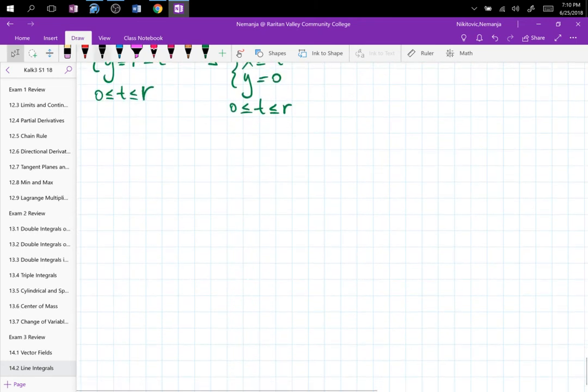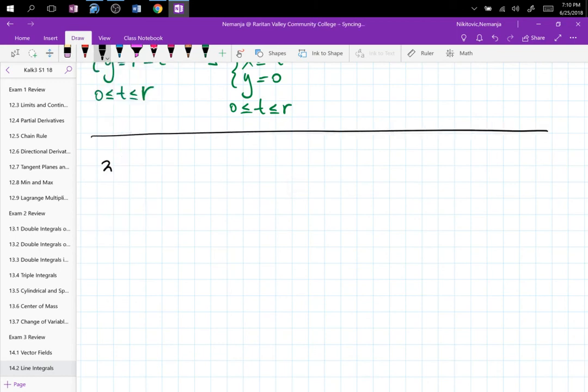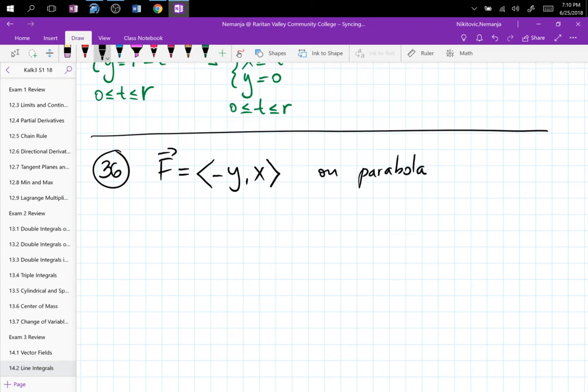When we're done with problem 36, we'll call it quits, and then we'll pick up tomorrow. So problem 36. Your vector field is given as negative y and then x. And then you are on the parabola y equals x squared from 0, 0 to 1, 1.